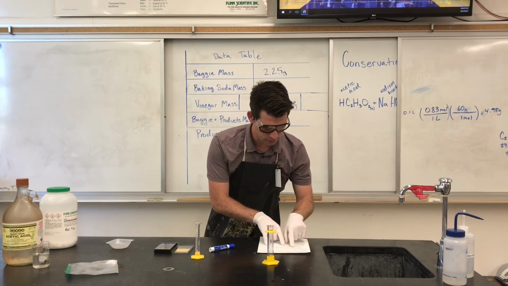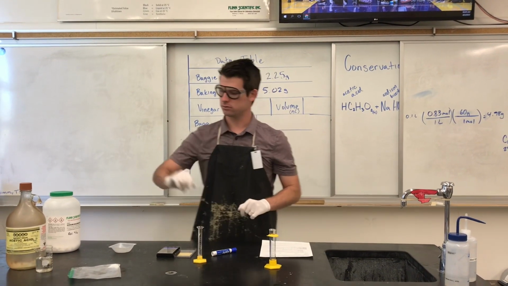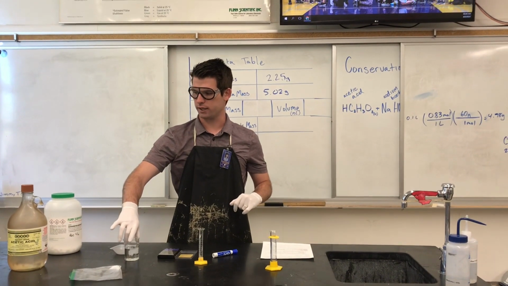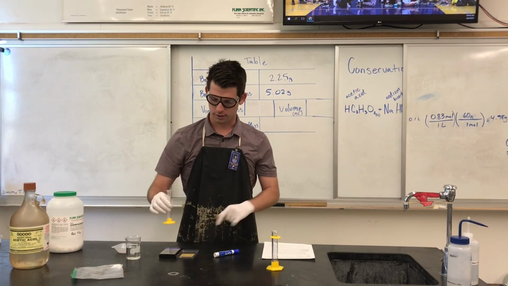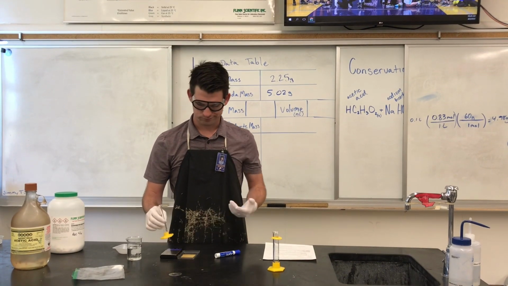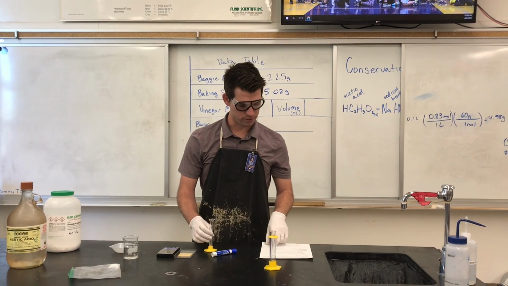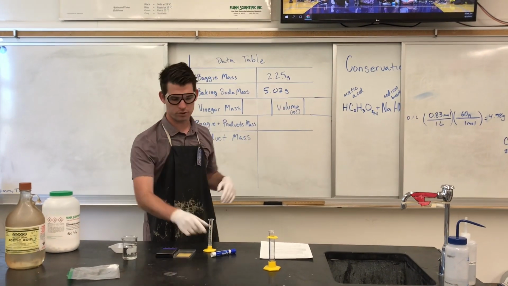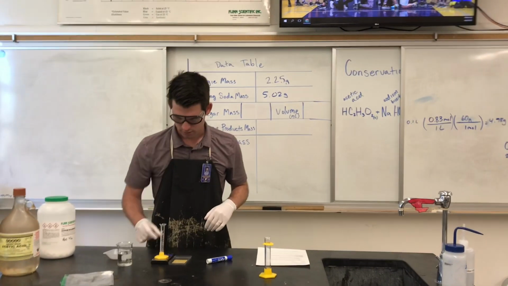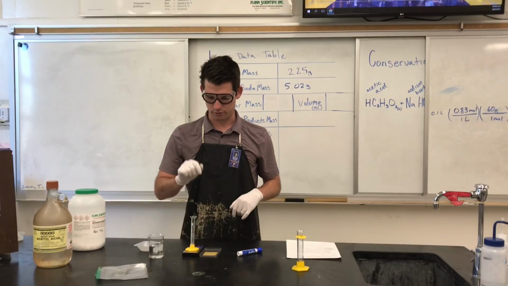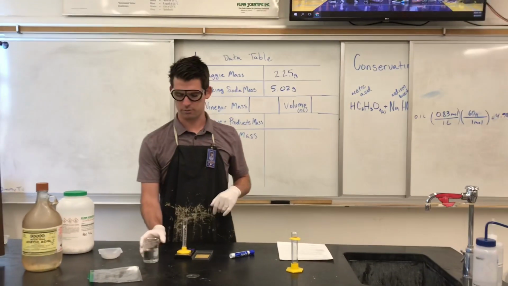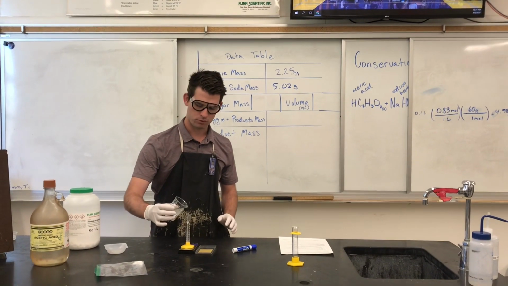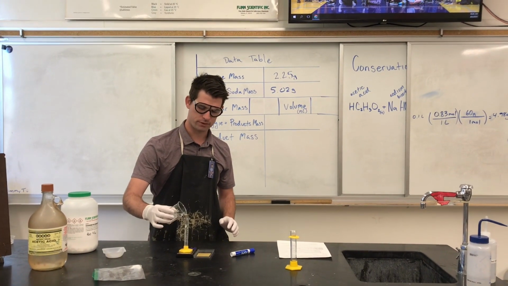Okay, the next thing we need to do is pour the vinegar into our graduated cylinder. And I have some dilute vinegar right here. Well, we want to know the mass and we want to know the volume. So I'm going to do both at the same time. We'll place the graduated cylinder on the scale, and take our vinegar and fill some up.